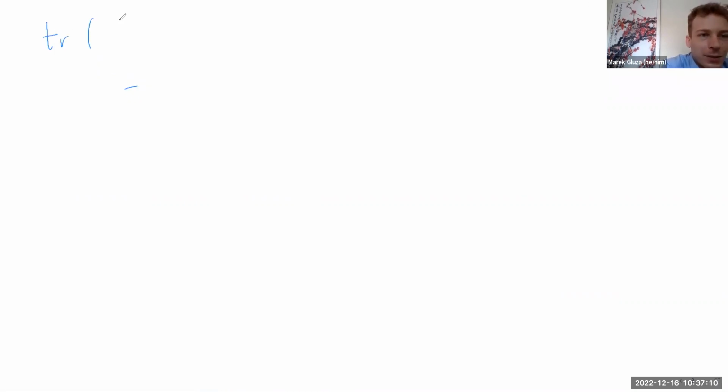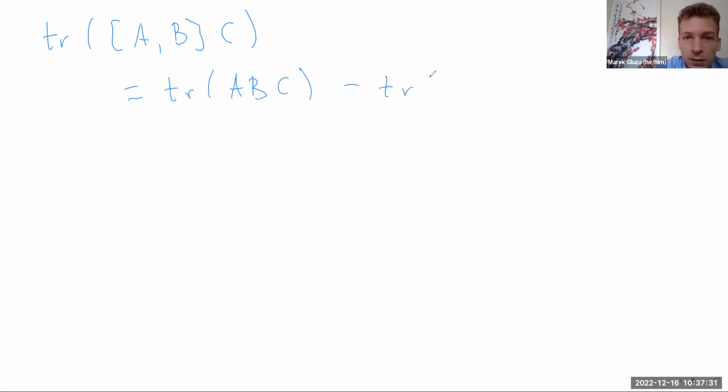And I consider trace of a bracket A, B, C. And now if we consider this commutator, this trace, then I can write this as trace A, B, C minus trace B, A, C. And what I would like to get is the commutator of BC, and that's it. Okay, so let's see if that will work.